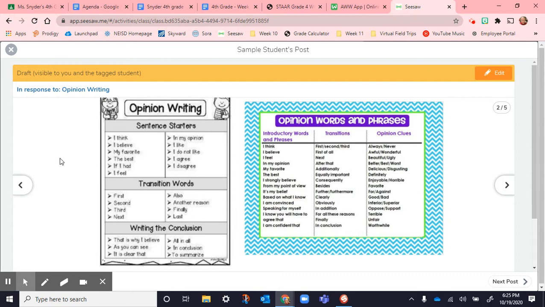So like every time you write a conclusion, if you have a phrase that you really like in opinion writing, I like to start my conclusions off with, as you can see, and then, let's say I gave the example in class about dogs being better, which one's better, dogs or cats. So I was saying dogs.